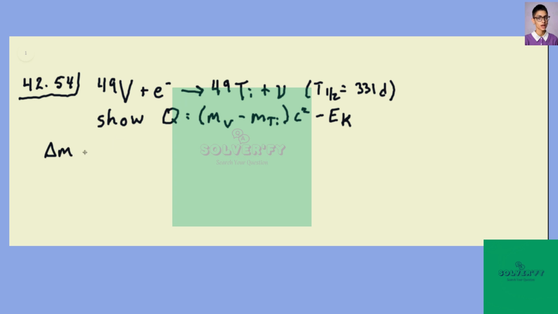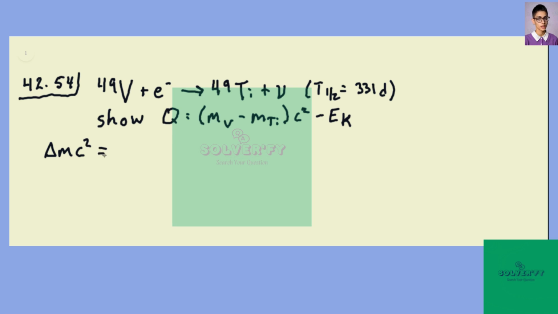And we're told this has a half-life of 331 days, presumably just as sort of fun information. So we want to show that the disintegration energy is equal to the difference in the atomic masses times c² minus the binding energy of the vanadium K-shell electron.